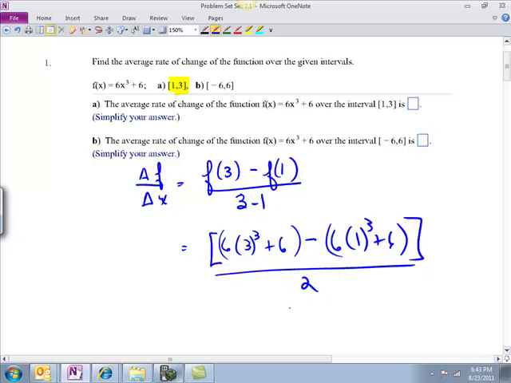Okay, so you can do those calculations and come up with a number. You should come up with a whole number, so I will let you do that.